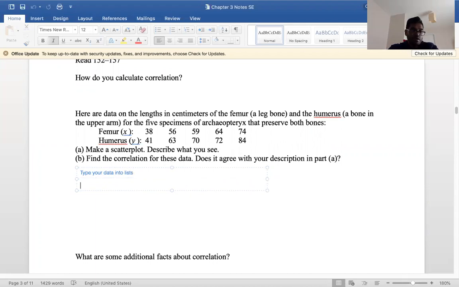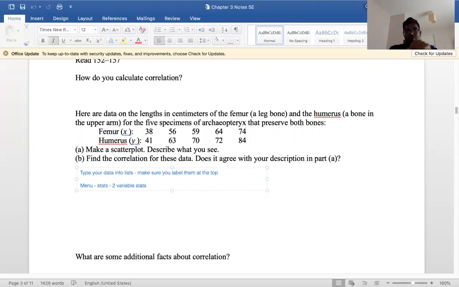Make sure you label them at the top. Then go menu, stats, two variable stats. Okay, and now it'll give you a bunch of lists. If you scroll down, you get an R value.